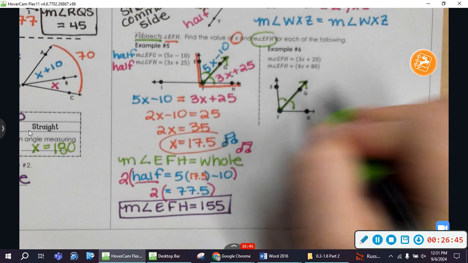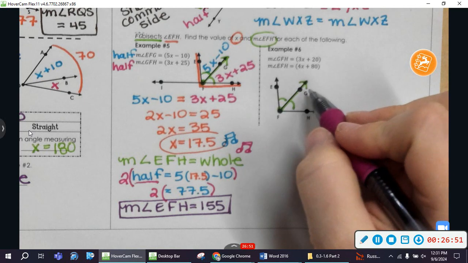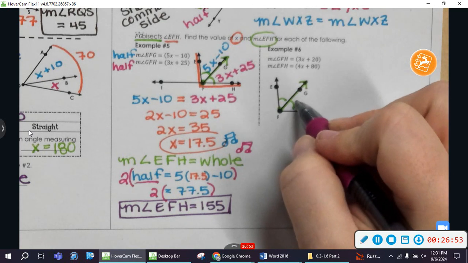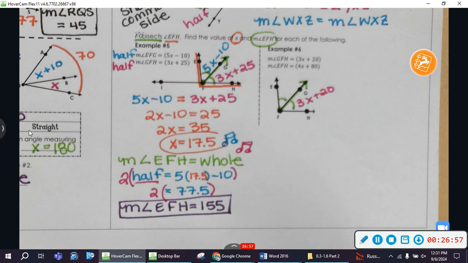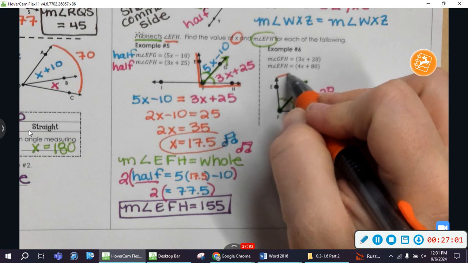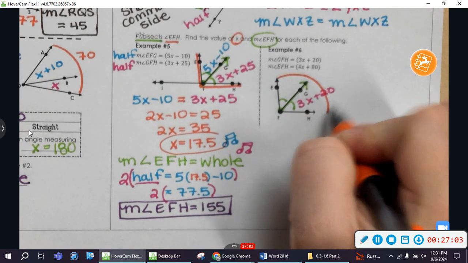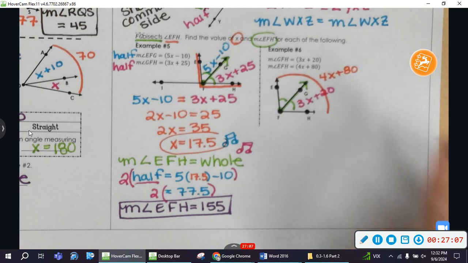All right, our last question, we're again still dealing with this being our bisector. If it bisects, we add our tick marks. Looking at our given information, we are told that GFH is 3x plus 20, and EFH is actually the whole thing.